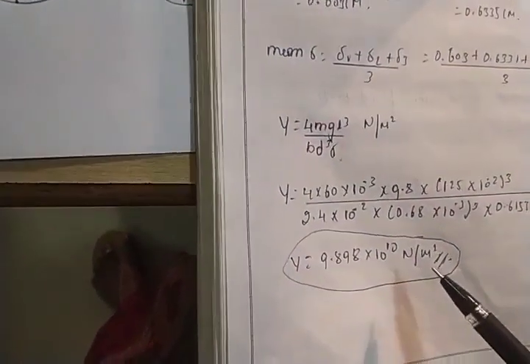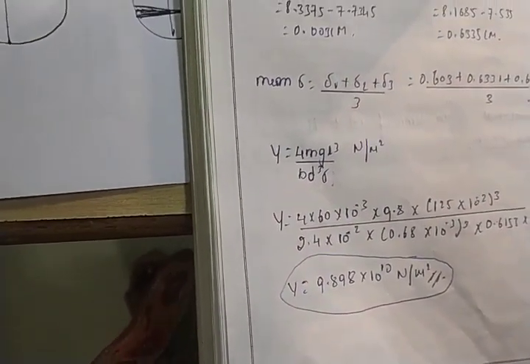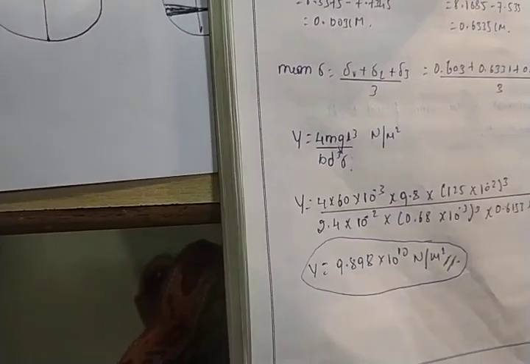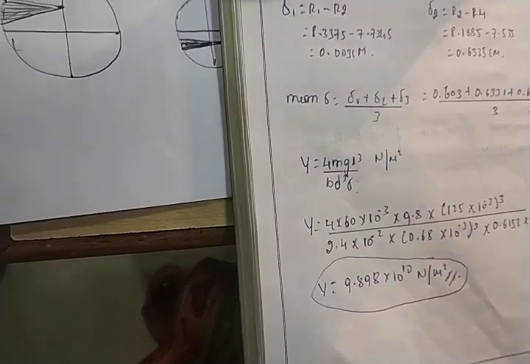The complete result we have found is that the Young's modulus of the considered beam is 9.8 into 10 power 10. This is the required data we had to find from this experiment: the Young's modulus of the considered beam by the method of cantilever. Thank you.